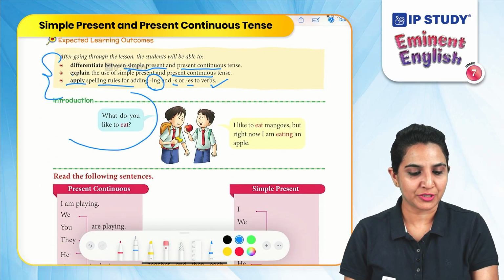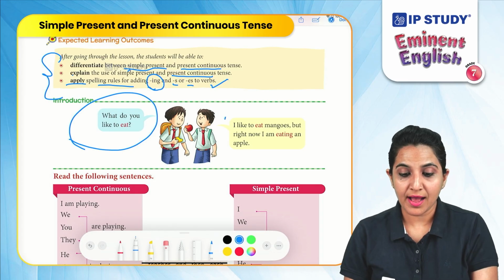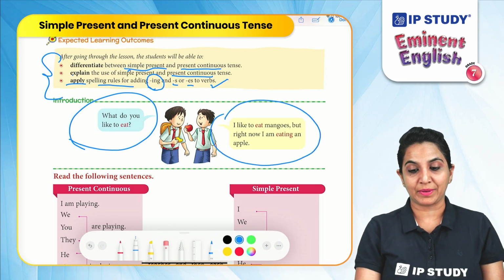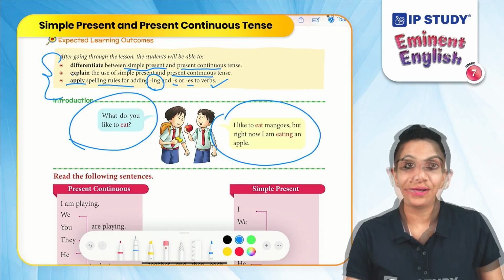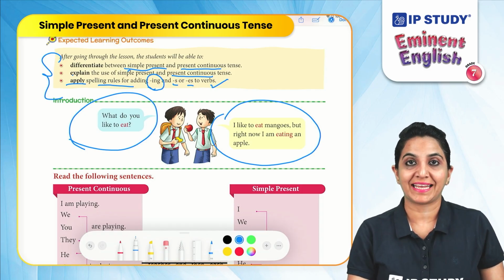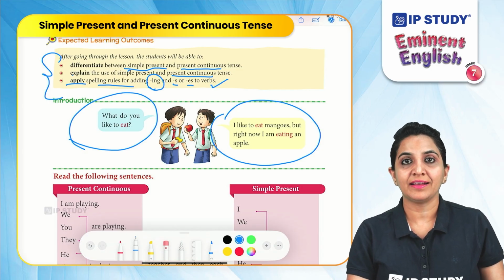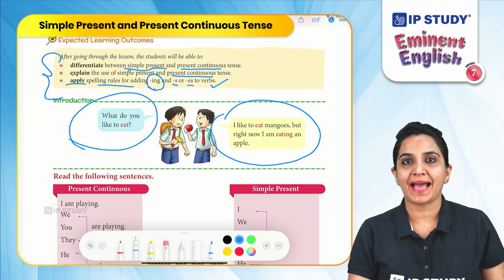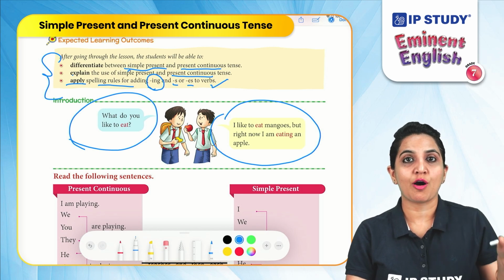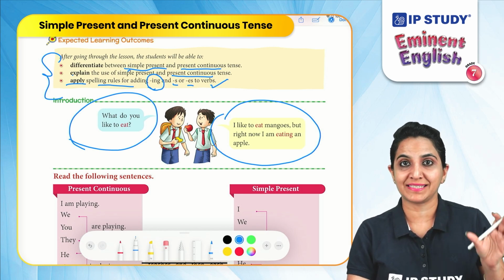What do you like to eat? I like to eat mangoes, but right now I am eating an apple. In this example, the verbs like eat and eating, they both describe an action. Eat is a part of a habit or of a tense.